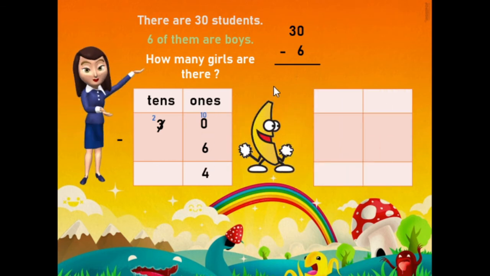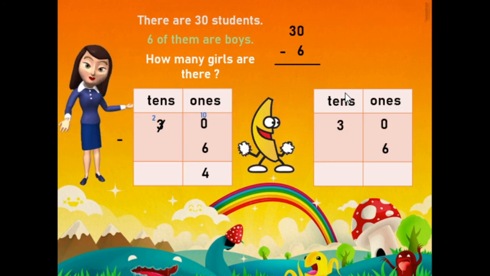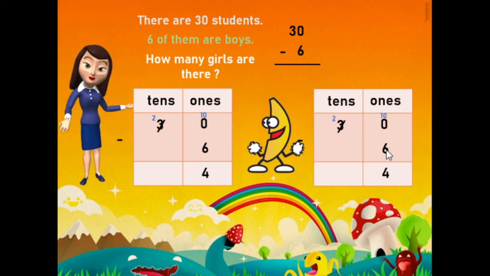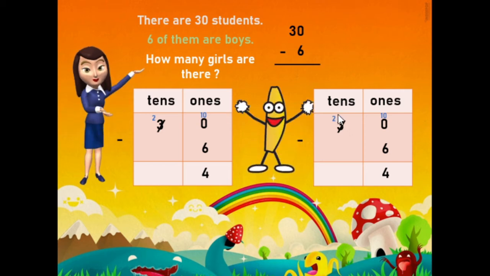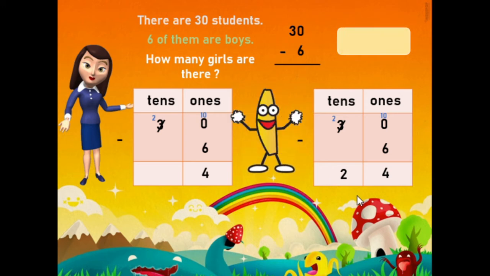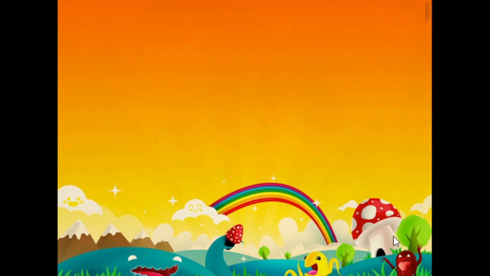This is step 1. Step 2, subtract the number in the tens place. Since 3 became 2 already, we bring down 2. So the answer, 30 minus 6 equals 24. That is how you do subtraction using the column method.